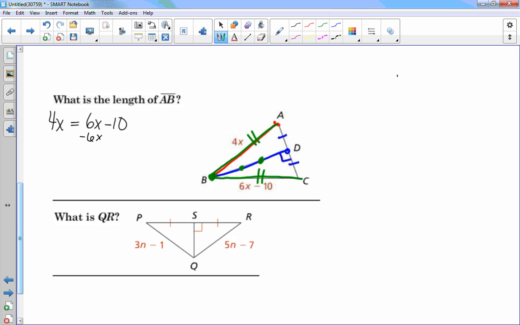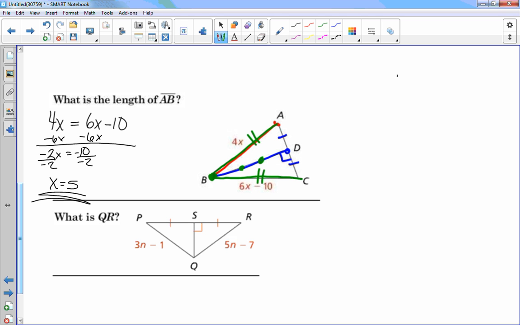Now, I'm doing the 6x over here. So we have negative 2x equals negative 10. Now what? Negative 2. So x is 5, but that's not our answer.